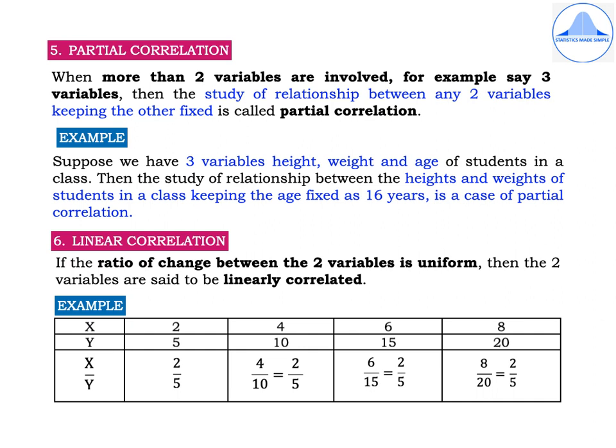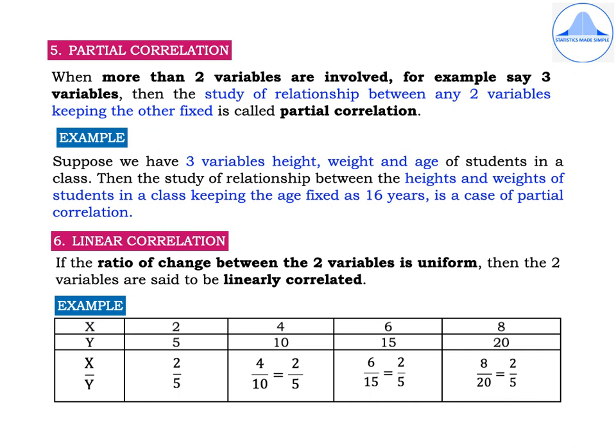Then the study of relationship between the heights and weights of students in a class, keeping the age fixed at 16 years, is a case of partial correlation. Similarly, we can also study the relationship between heights and age, keeping the weight fixed, or we can study the relationship between the variables weight and age, keeping the height fixed, which would be a case of partial correlation.